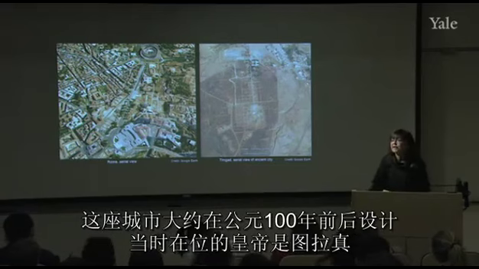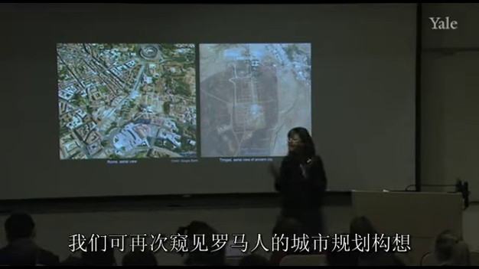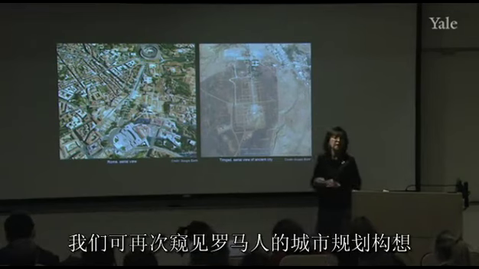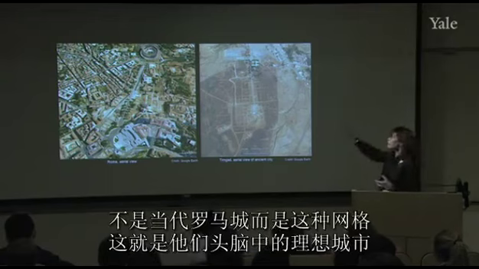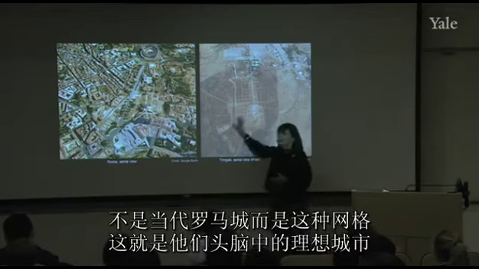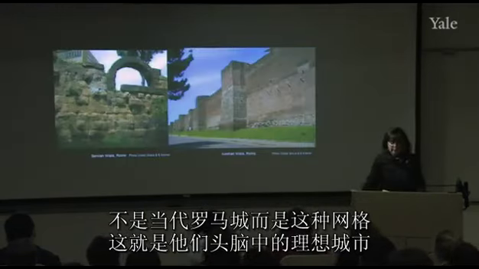This is a city that was planned in around 100 AD under the Emperor Trajan. And again, it gives us an inkling of what the Romans thought about ideal Roman town planning: it was this grid plan, not Rome, but this grid plan that they had very much in mind.